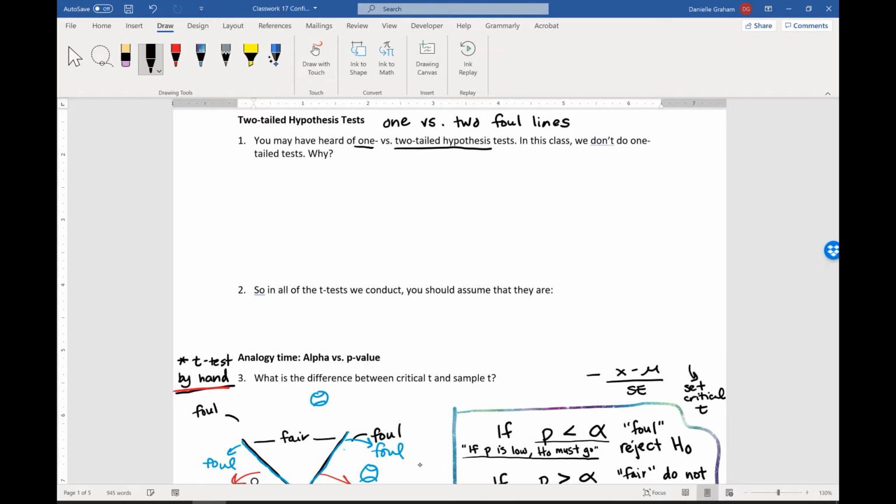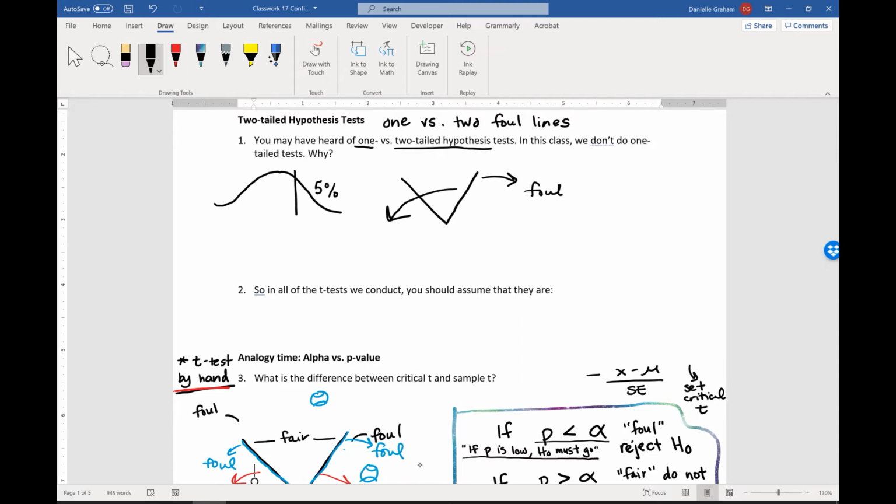Do we have a foul line on both sides of our curve or just one side of our curve? With a one-tailed test, we would be putting our whole 5% on only one side. It's like having a baseball diamond where only if it's on this side is it foul, but everything else counts as fair.